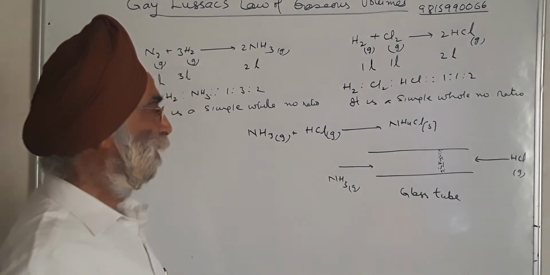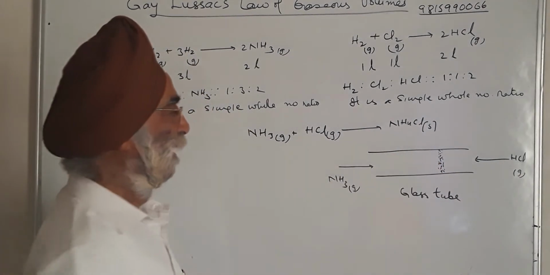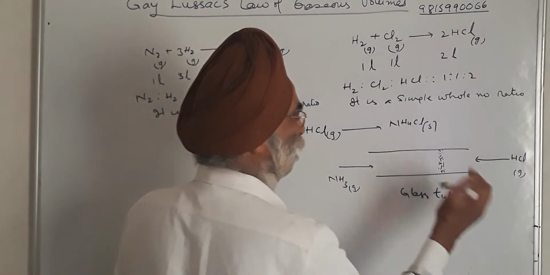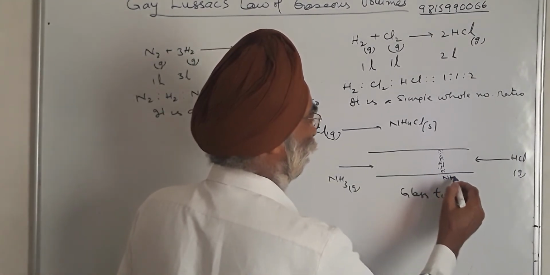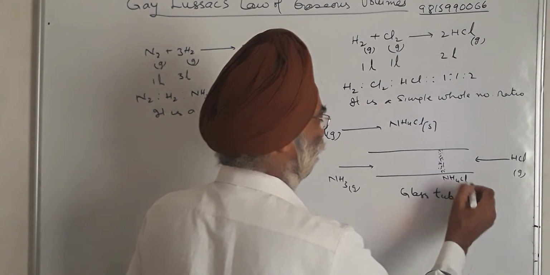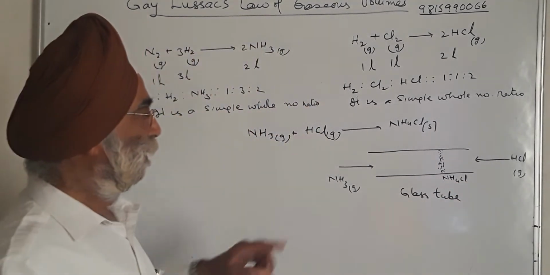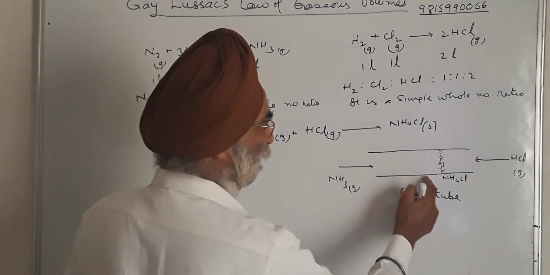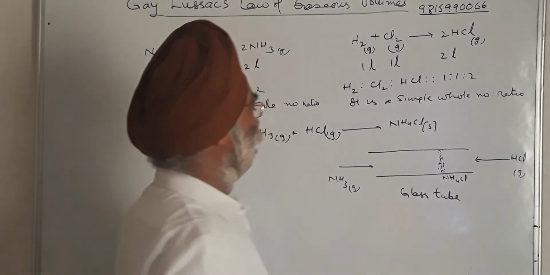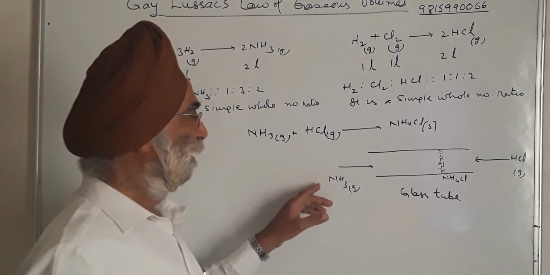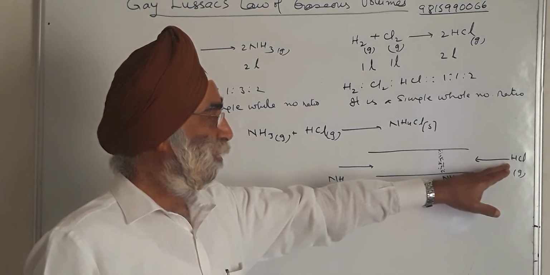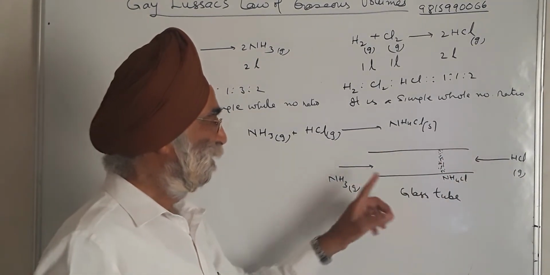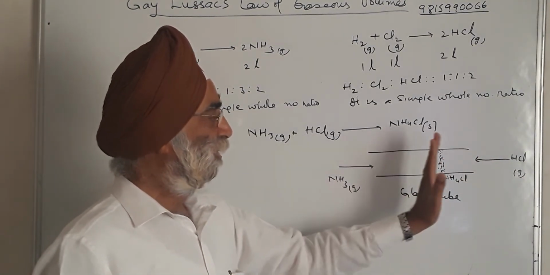A white powder-like substance has appeared. This is ammonium chloride sublimate. It is slightly away from the center. Ammonia is entering, HCl is entering from this side, and the combination is not in the center.